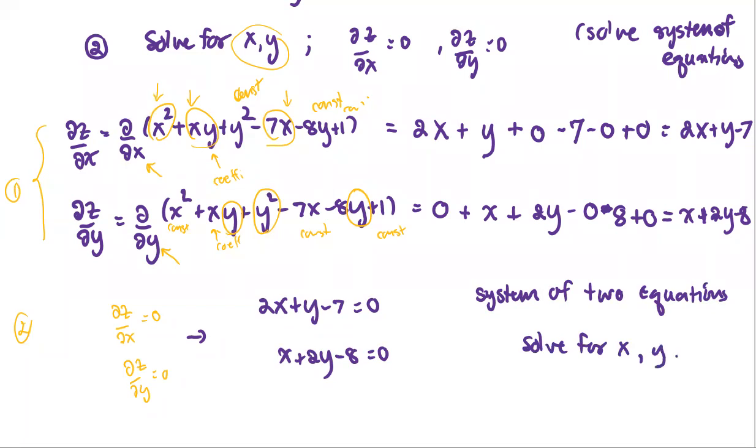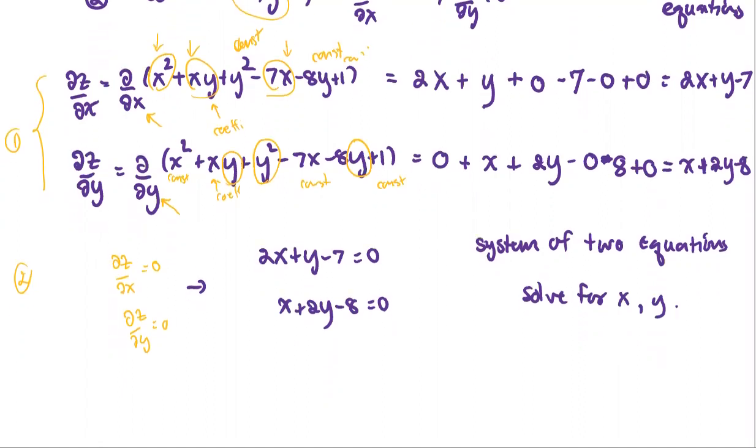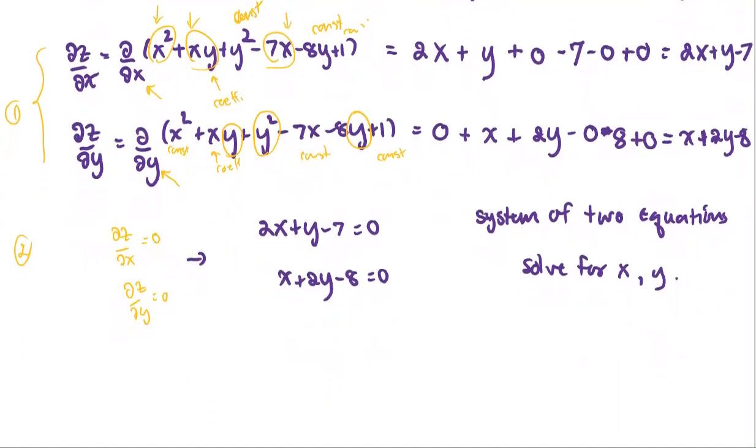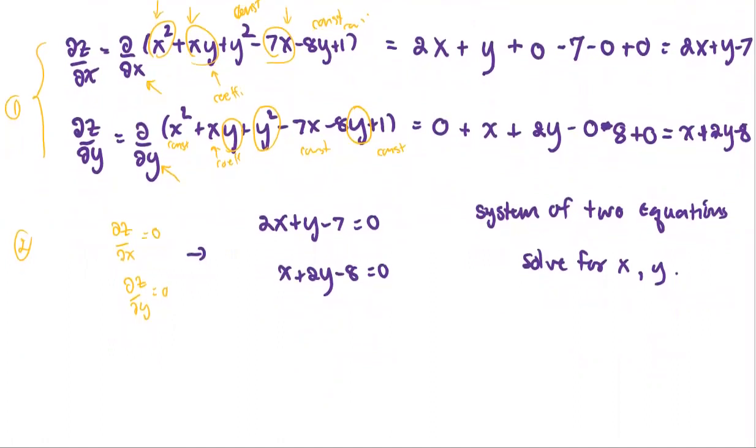How do we solve for x and y? There are many ways. One of them is called the substitution method, and the second one is called the elimination method. Are you familiar with this? Elimination means you make the coefficients the same but with opposite signs, and then eliminate them by adding the two equations. In the substitution method, you solve for one variable and substitute it into the other equation.